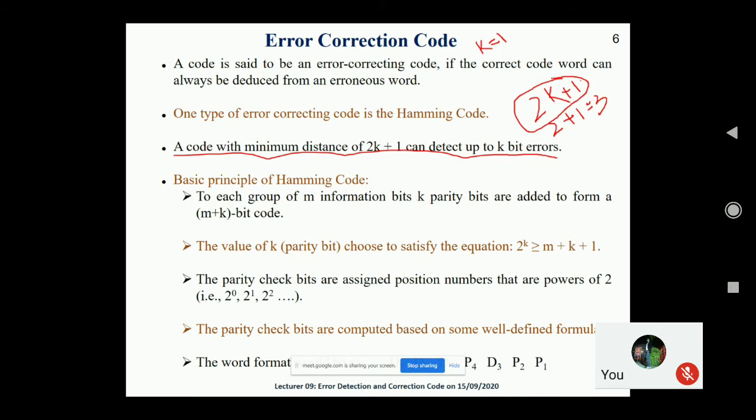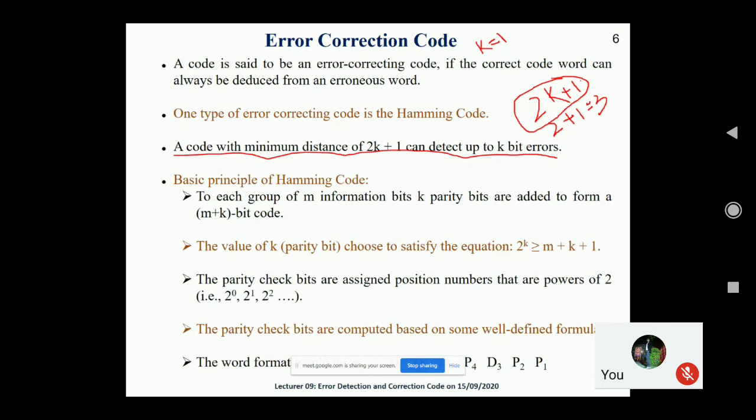Suppose earlier we said that if only single bit error correction is required, 3 bits are required. If you are considering only one error, we assume k equals 1, and 2k plus 1 means 2 into 1 plus 1, which is 3.